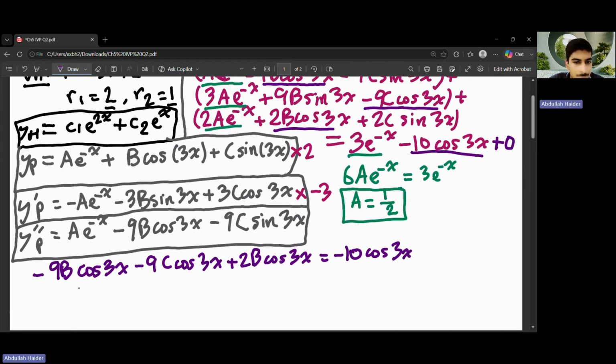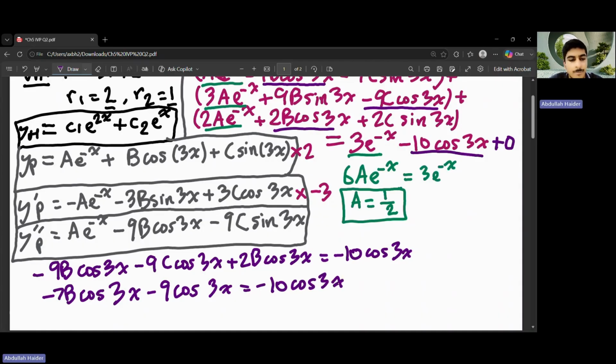When you equate this, you'll get negative 7b minus 9c, so minus 7b cosine 3x minus 9c cosine 3x is equal to negative 10 cosine 3x.